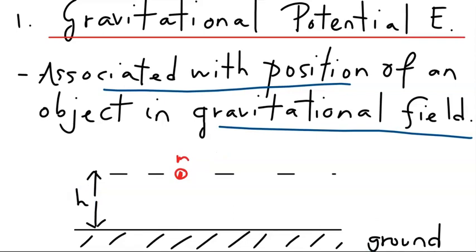Let's first set up a coordinate system. So we will take the y-axis going up, and the origin coincides with the ground. Now before we write down the expression for the gravitational potential energy of this object, we have to set the 0 joule level first.